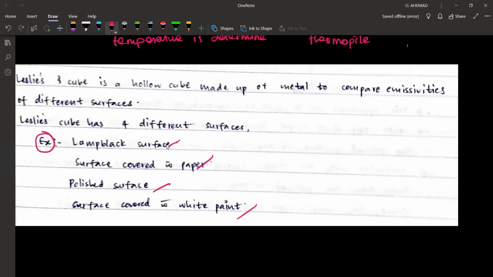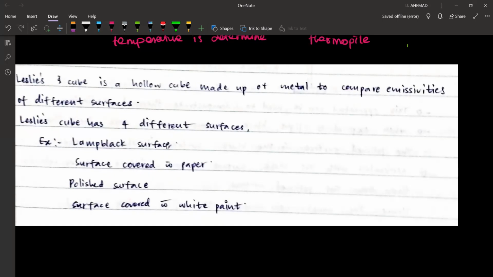In this example, let's take one surface as a lamp black surface, so it is a black surface, and another surface covered with paper, which is slightly different from the previous one.